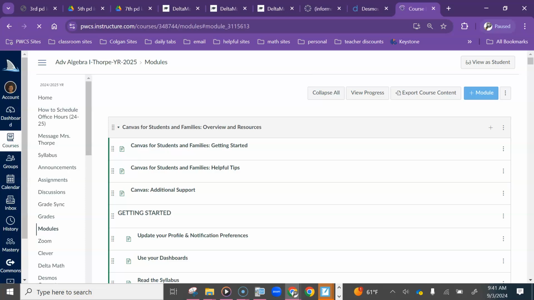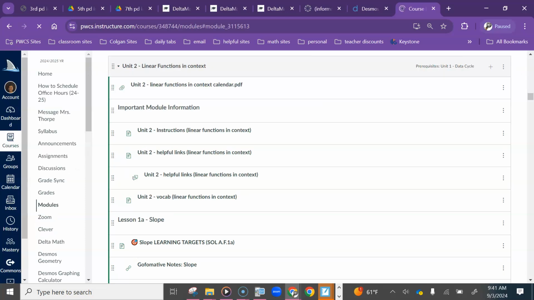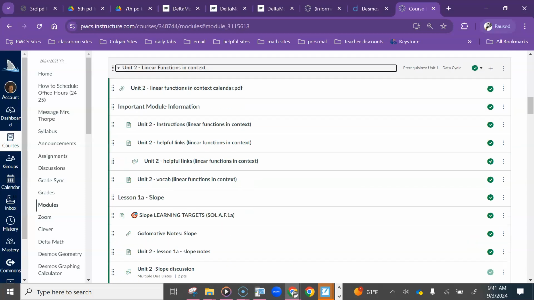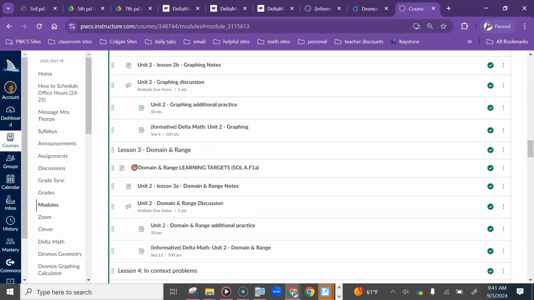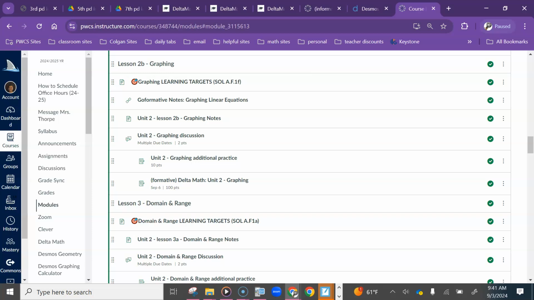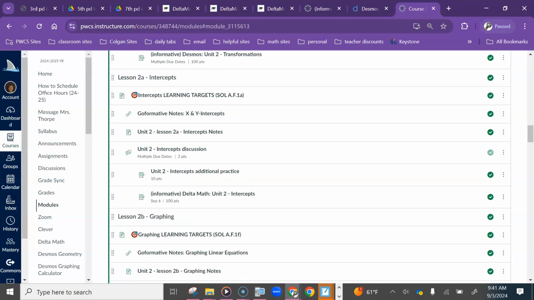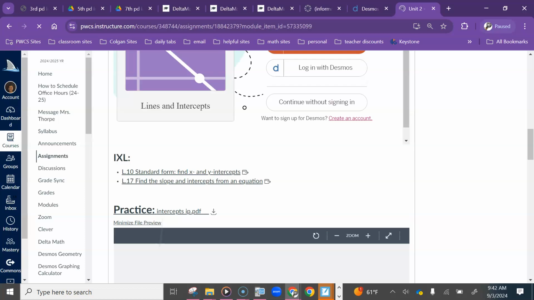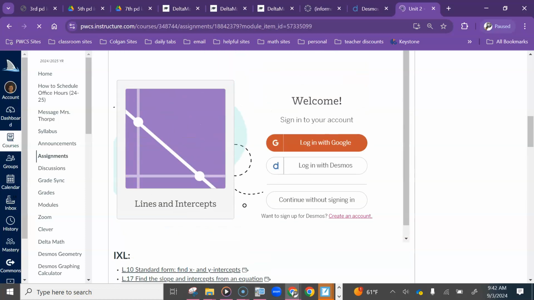In the Unit 2 module, find the intercepts lesson. I want to say this is in additional practice. Yeah, so in the intercepts additional practice, there's a Desmos activity.